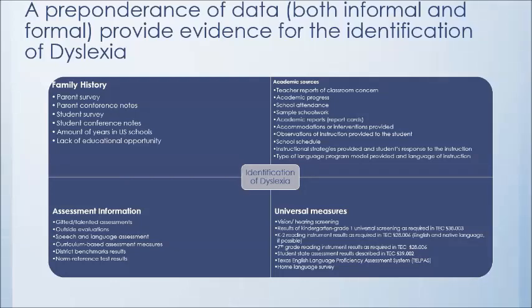Assessment personnel must also consider performance on language proficiency when considering the identification of dyslexia. Finally, we take into consideration assessment information. It is important that we consider all current evaluations that are in place for the child that is being referred, like the gifted and talented assessments, or any outside evaluations such as other health impairment or speech and language assessment.